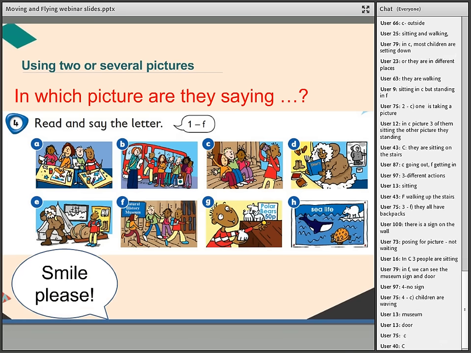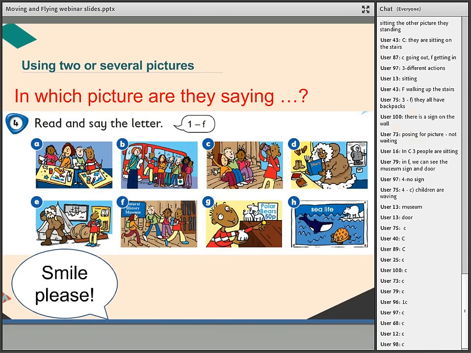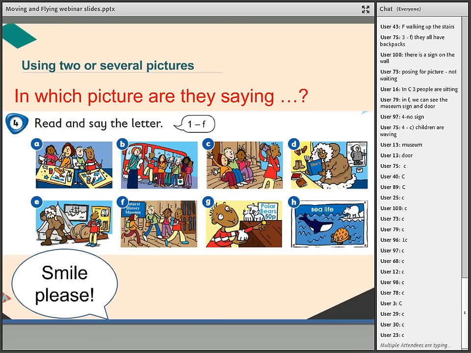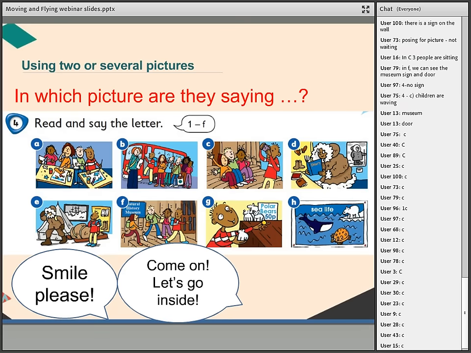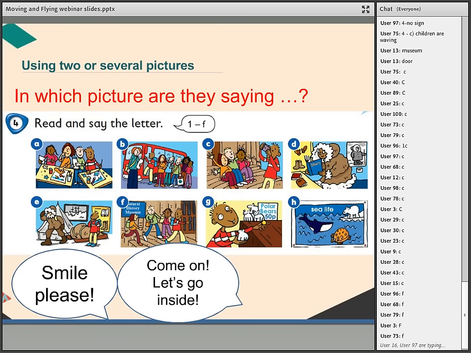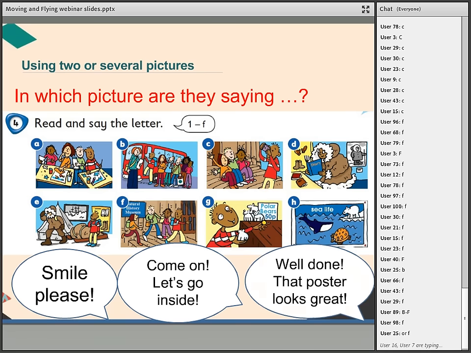So in which picture might you hear, "Smile, please"? In which picture might you hear, "Come on, let's go inside"? And what about, "Well done, that poster looks great"?